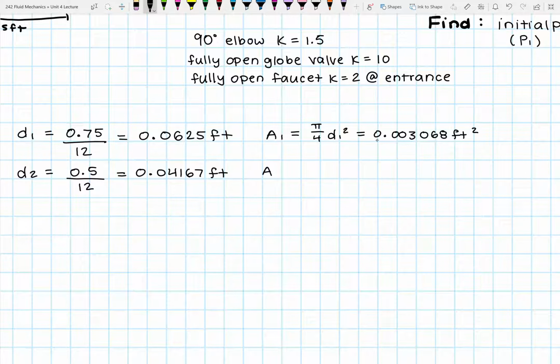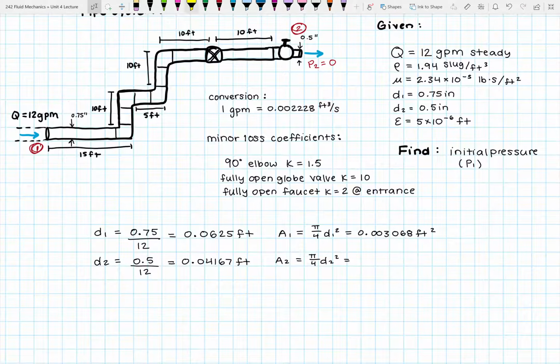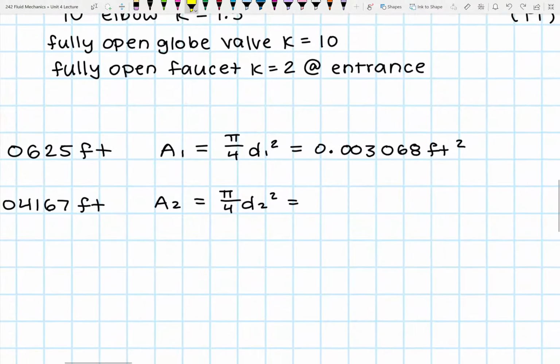And then for the second diameter, pi over 4 d2 squared, this is giving us the cross-sectional area of the little nozzle here. This is going to be 0.001364 feet squared.